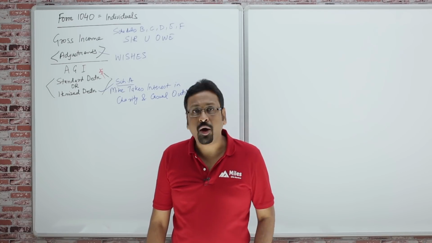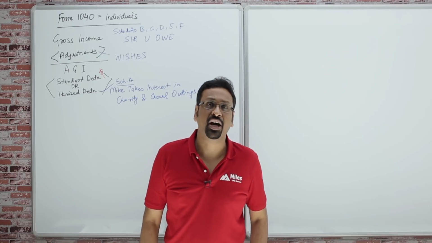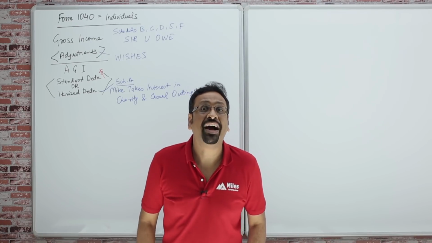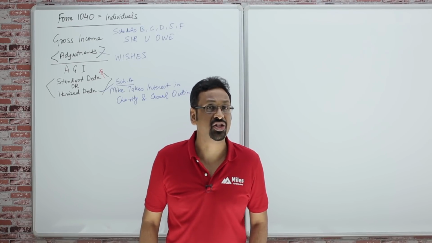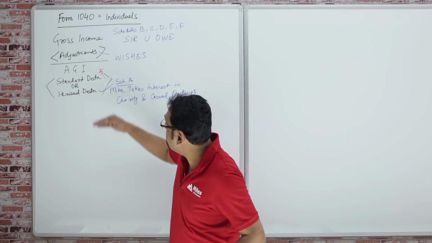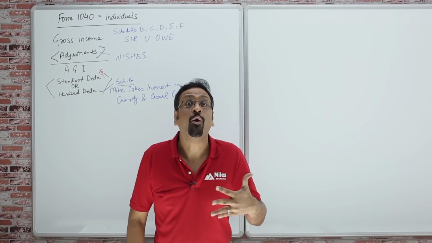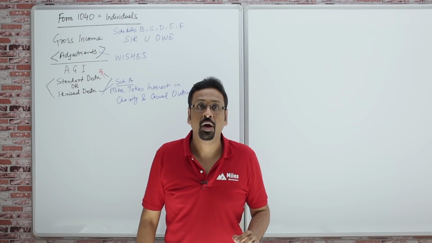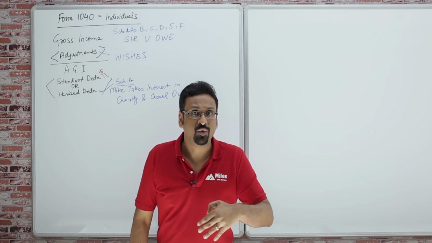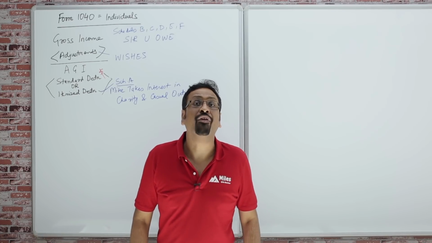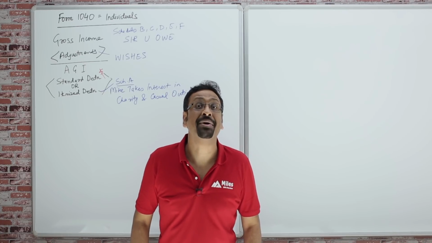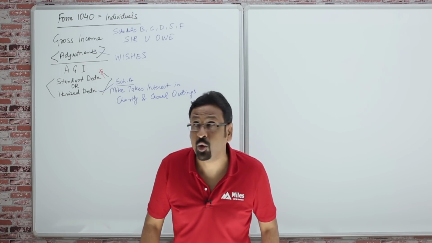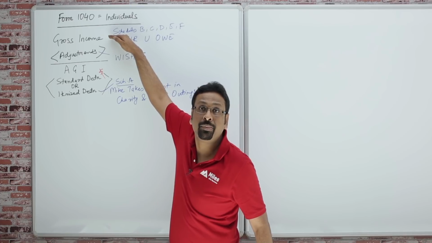And now we'll talk about QBI deduction, or qualified business income deduction. So that's another below the line deduction, or deduction from AGI, which is about 20% of any qualified business income which is included in gross income.